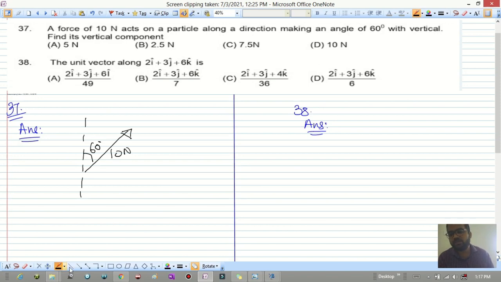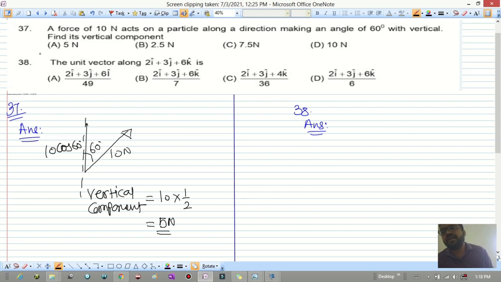The vertical component value is 10 cos 60, because the angle is adjacent. So the vertical component is equal to 10 into cos 60, which is 1 by 2, which is equal to 5 Newton. So this is given in option A.